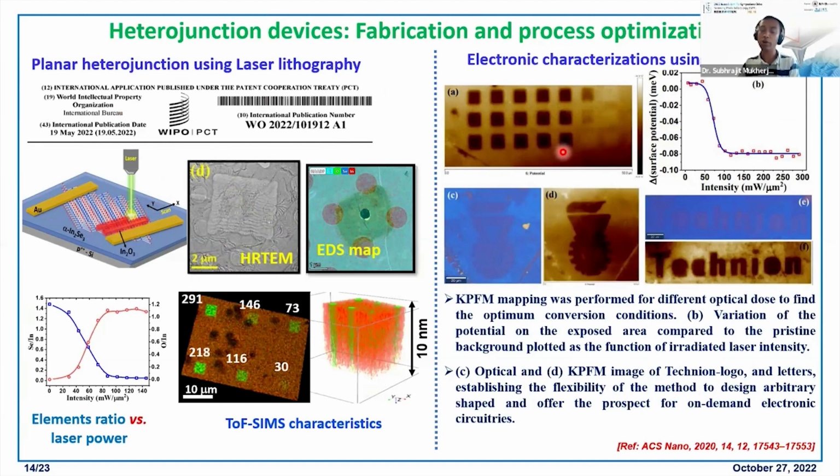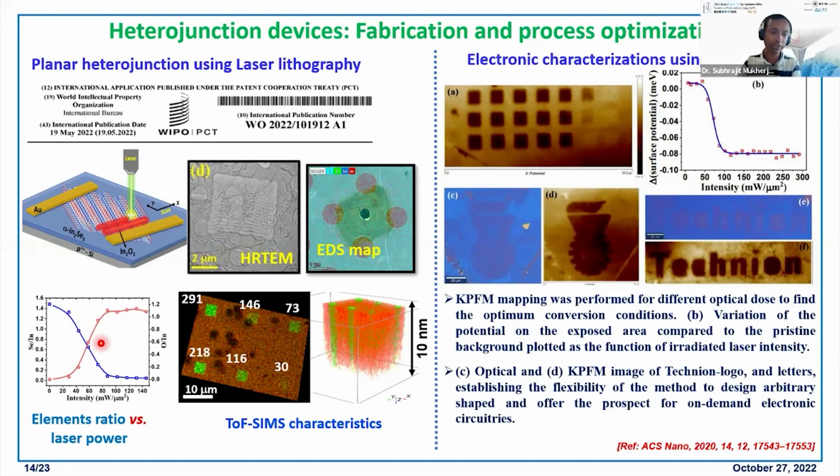You can also correlate this with the electronic characteristics. Here, we do laser irradiation at different intensities to make different square boxes, and then find the potential difference between the pristine and oxide regions, and what optimum power is required to convert indium selenide to indium oxide.